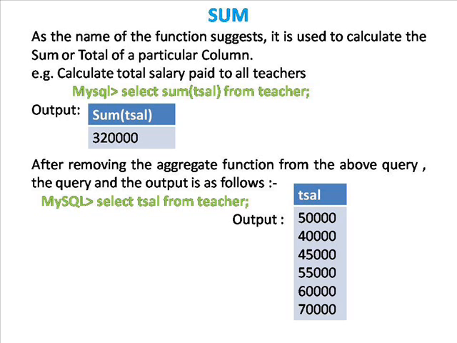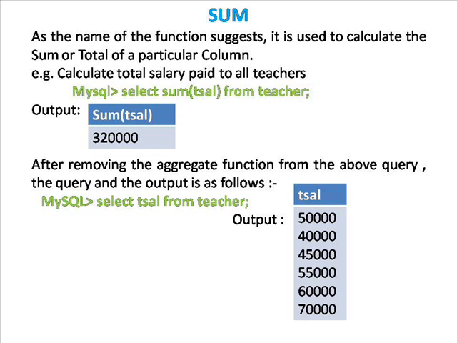The output displayed will have sum(TSAL) as the heading, and below it the total of all the salaries present in that column, which amounts to 3,20,000, will be displayed.